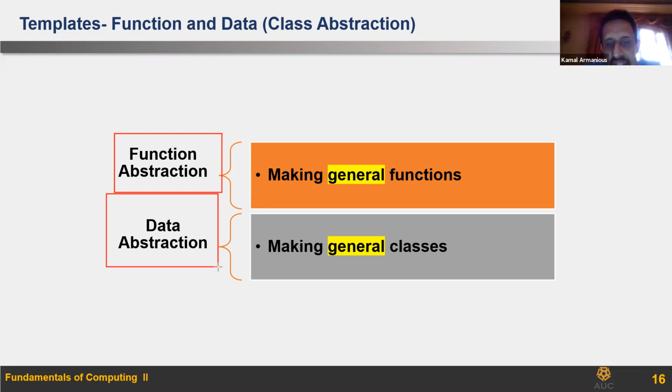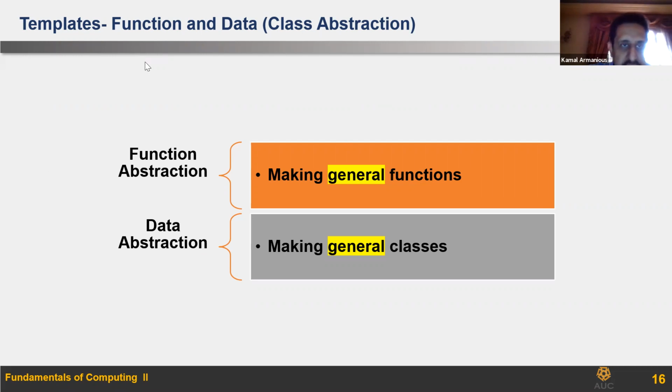So data abstraction means making general classes. Function abstraction means making general functions. Both of them are related to making class templates. I know that I sound somehow Chinese. However, I will give you some good examples.